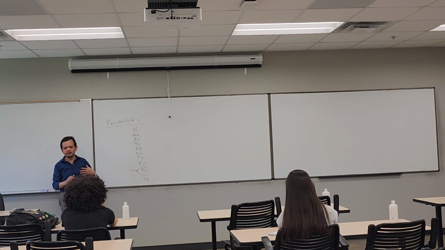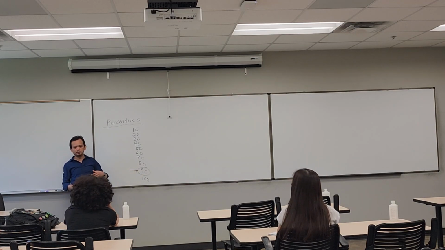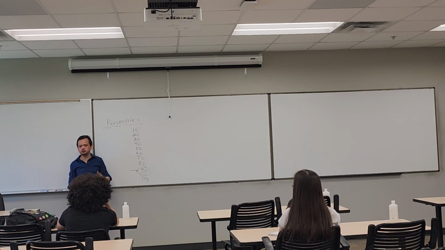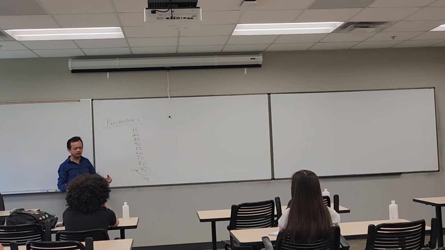So remember, the definition we talked about was that the percentile of a data point is what percentage of all values that data point is strictly greater than. So this number is strictly greater than what percentage of all values. First of all, this number is greater than how many of these numbers?